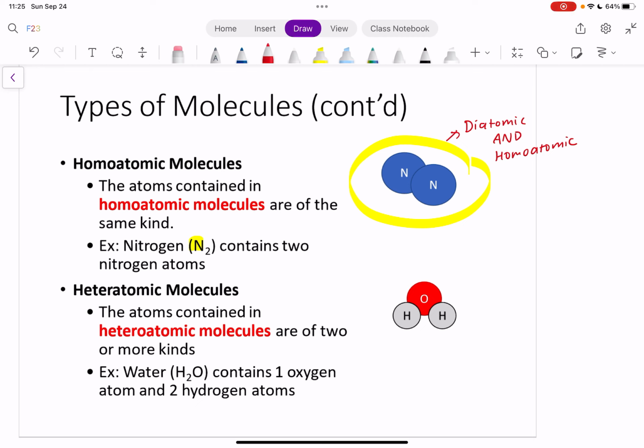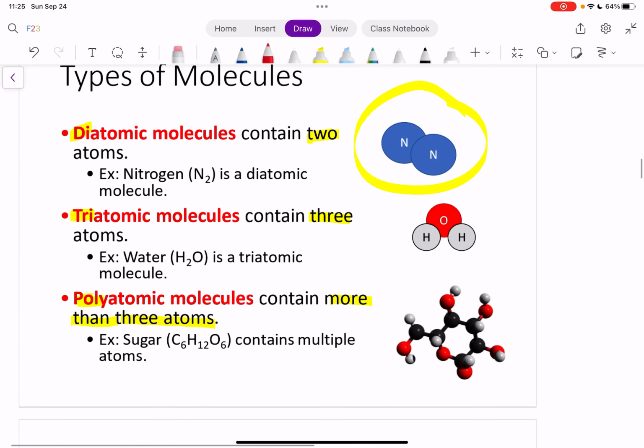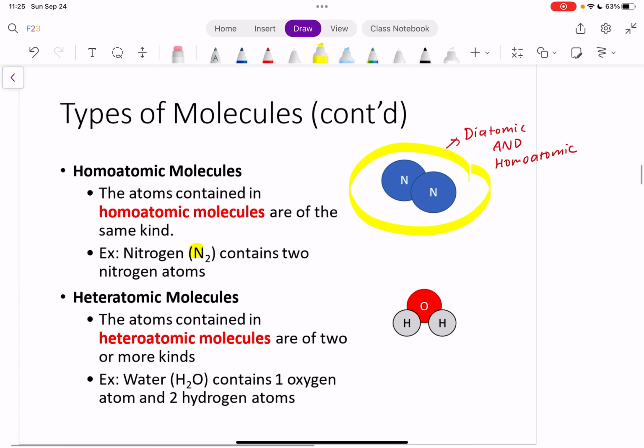All right, and then heteroatomic molecules, these are when we have 2 or more kinds of atoms. So remember up here, looking at water, we said that water was a triatomic molecule because it contained 3 atoms. And those atoms, there are 2 or more kinds of them.